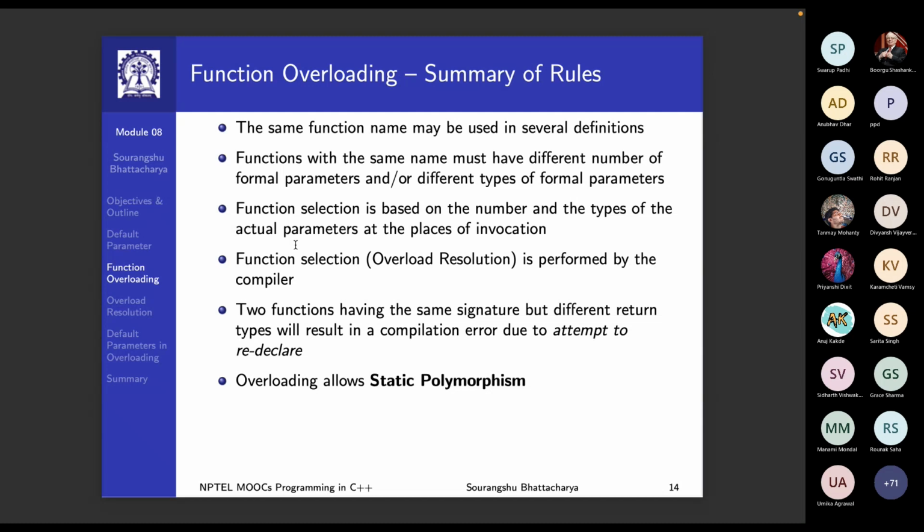Function selection, which is called overload resolution, is performed by the compiler. Two functions with the same signature but different return types will result in a compilation error, due to an attempt to redeclare, or a redefinition of, the same function. And as we discussed last time, overloading allows static polymorphism.